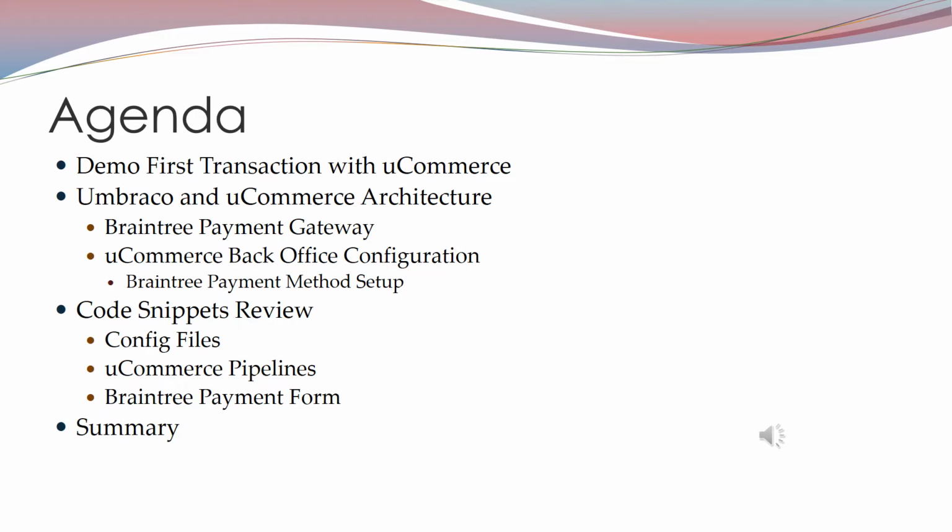We'll then take a look at some selected code snippets of interest, particularly the config files that were changed and the uCommerce pipelines of interest, including how to debug them, and finally the Braintree payment form.